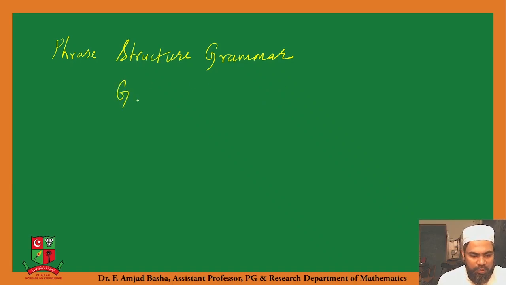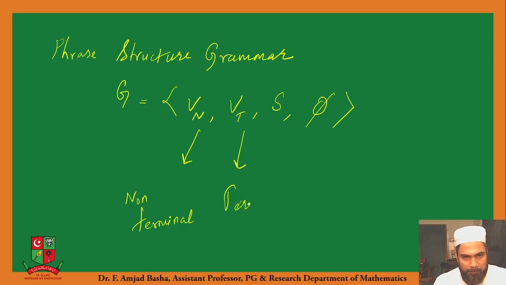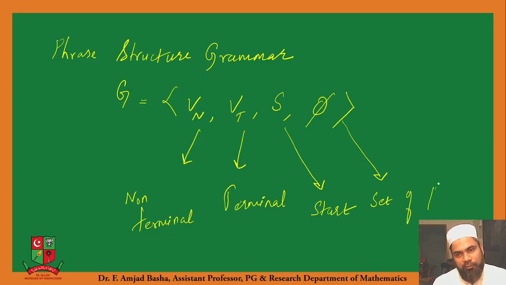That is, G is equal to (Vn, Vt, S, Phi), where Vn stands for non-terminals, Vt for terminal symbols, S is a special non-terminal symbol which is the start symbol, and Phi is the set of productions.